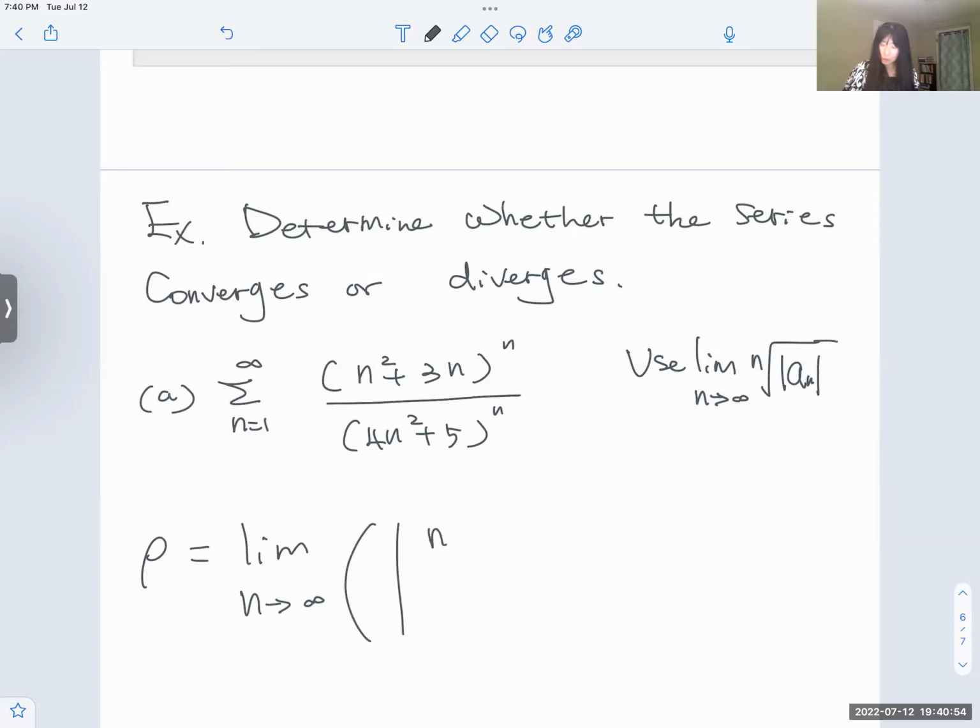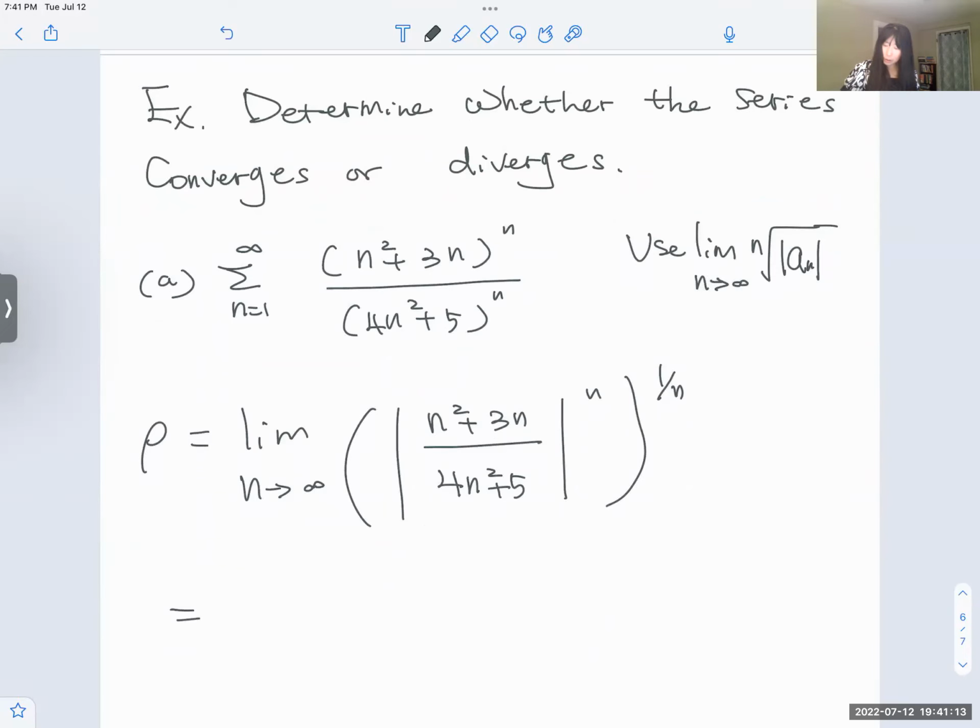The absolute value of n squared plus 3n over 4n squared plus 5, to the n, then to the 1 over n. We can simplify, right? So the n's are gone.